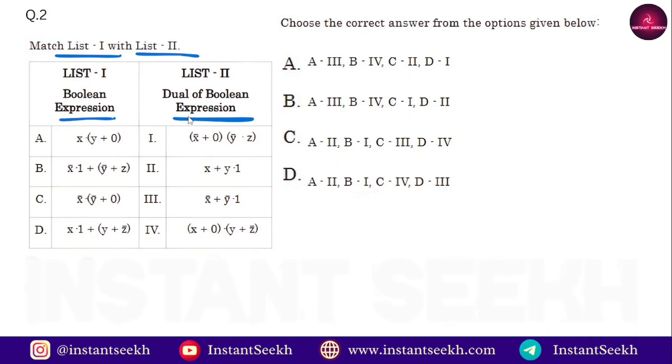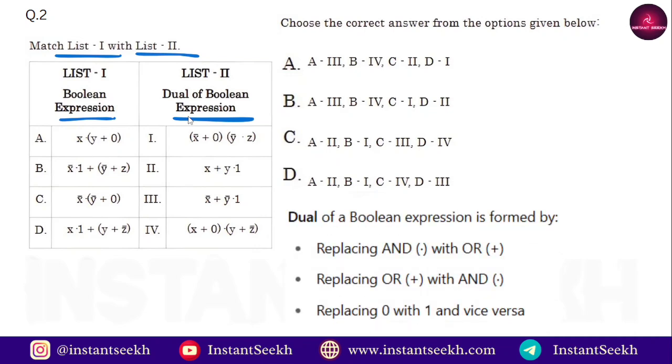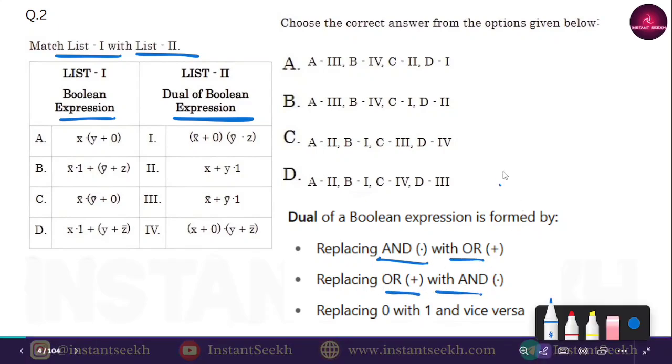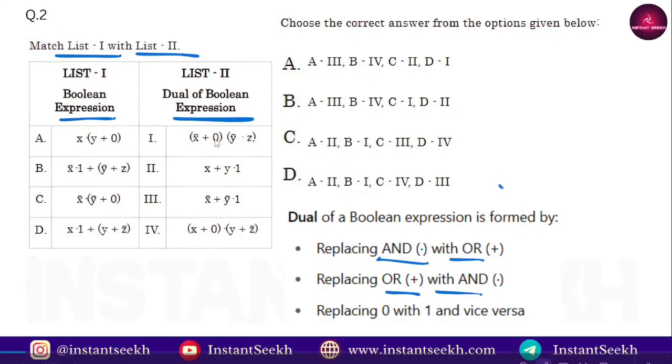That is, your AND becomes OR, and your OR becomes AND, replacing 0 with 1 and 1 with 0. This is simple, you need to remember. Let's apply this here. X into y plus 0 will become x plus y dot 1. So that is option number 2.